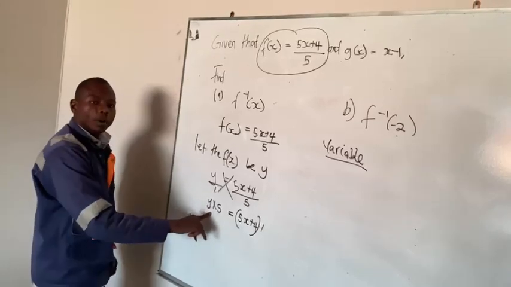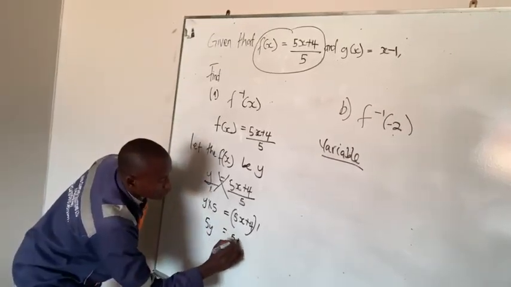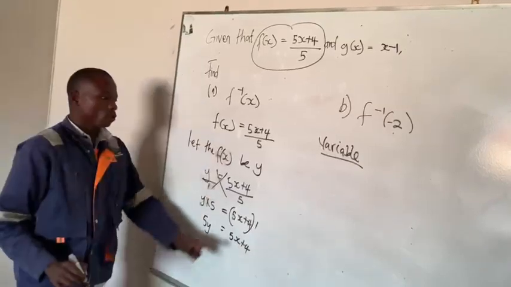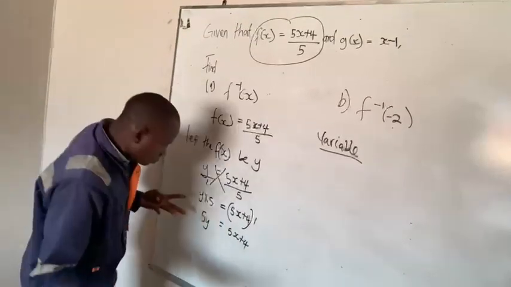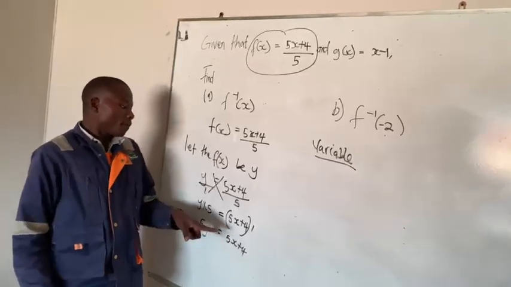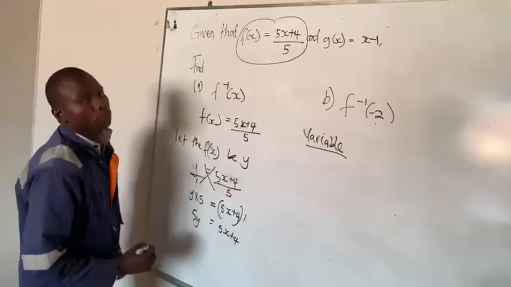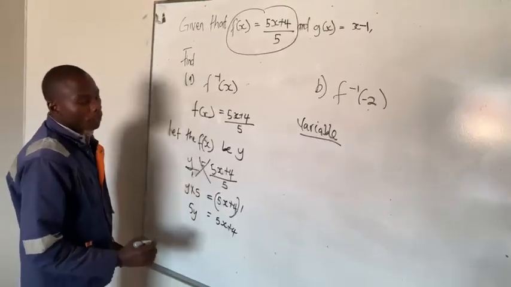Therefore, y times 5, I get 5y, giving me 5x plus 4, because 1 is nothing. But remember, I want x to be the subject.